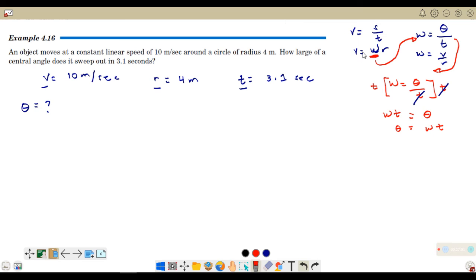Unahin natin, ito, V is equal to omega times R. To get the value of omega here, we can use V over R. So, omega is equal to V, which is 10 meter per second, over our R, which is 4 meters.